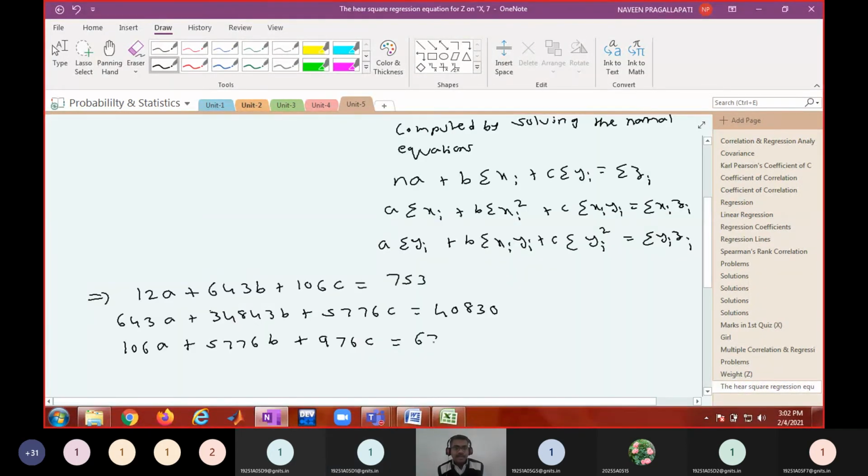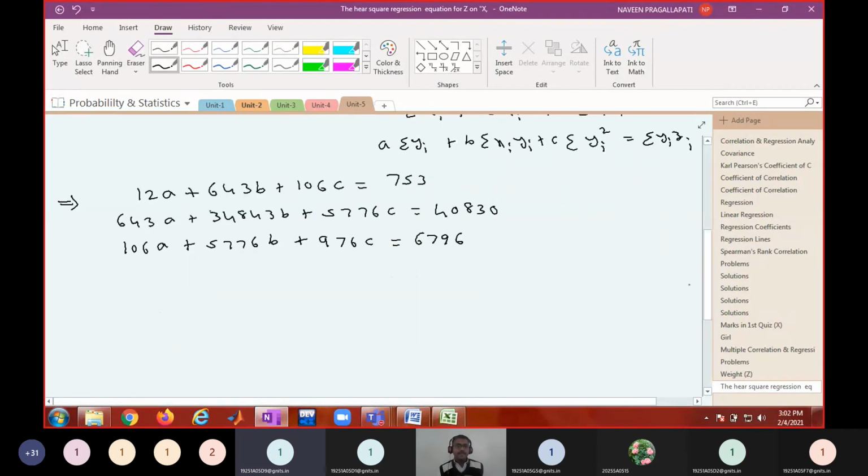Okay. Now you have the calculator. Using your calculator, input these coefficients and solve for a, b, c. a equal to 3.4307.